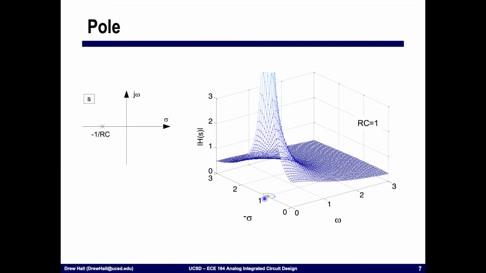And so if we look at what this looks like on the S plane, we have one left half plane pole on the real axis. If you're used to the tent pole argument, we're essentially creating a pole at this frequency. And so this would prop up the tent that we would otherwise drape over our frequency response.